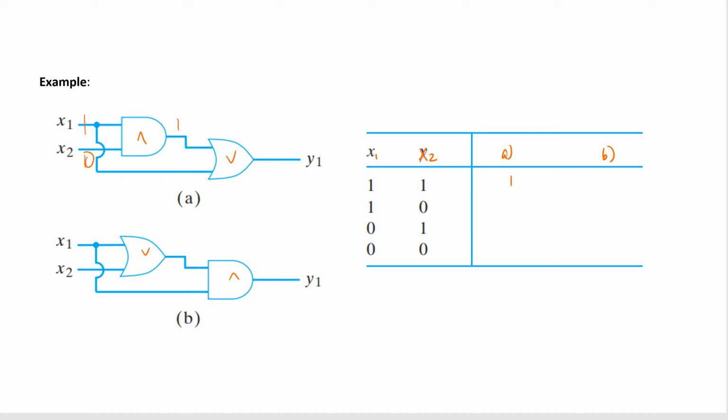And 1 0, 1 and 0 is 0, 0 or 0 is 0. So far, so good.